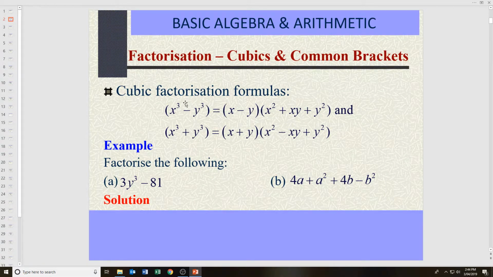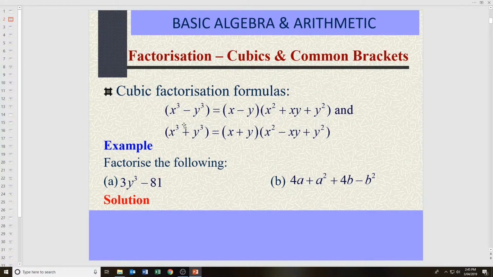So what we notice, and one little trick that I use to help me remember these formulas, and some of the students may find this useful, is that the first bracket always matches the sign of the cubic factorization. So if you've got x cubed minus y cubed here, the first bracket will be x minus y.